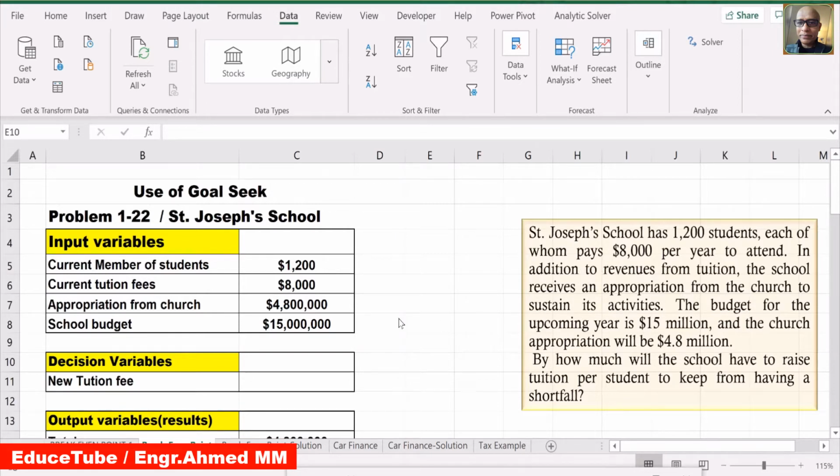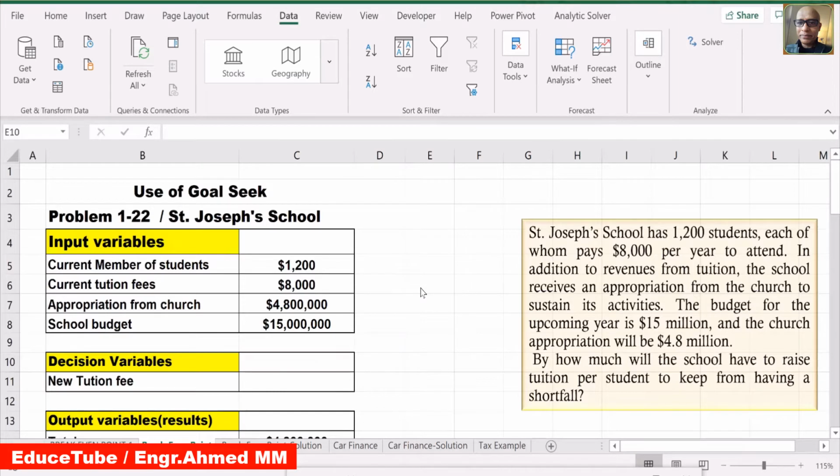Once we get these three, right away we can create a mathematical model. A mathematical model means a mathematical relationship between these three variables.